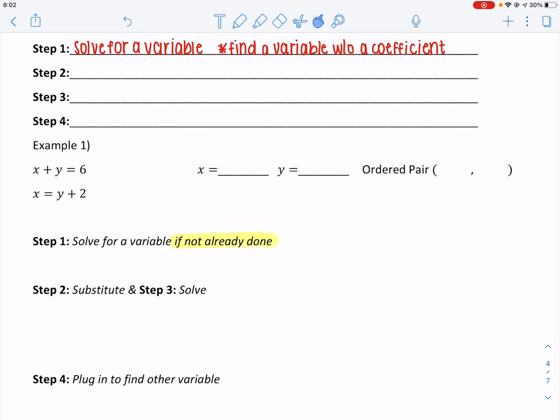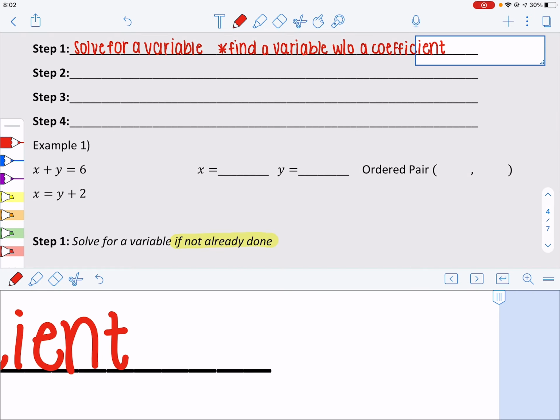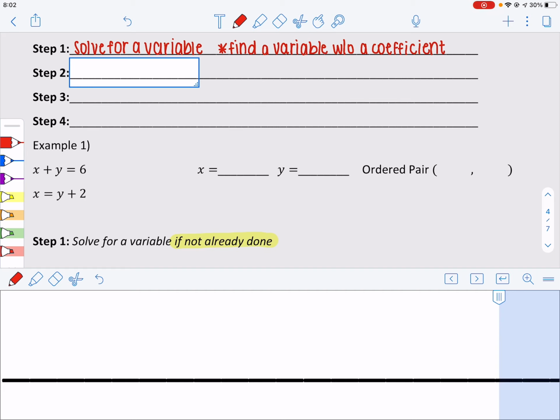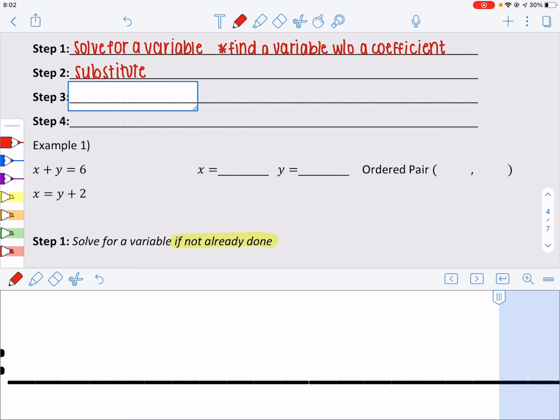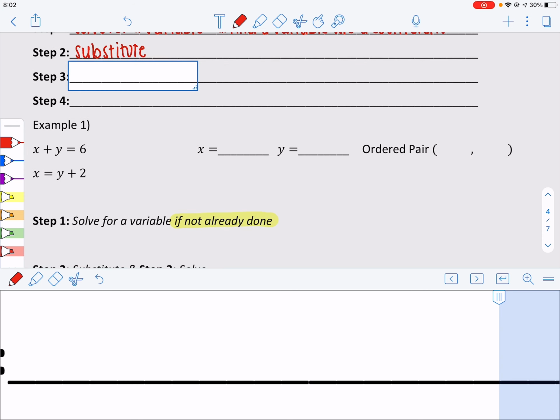Your second step is to substitute. You're going to take the equation that you just solved for a variable, and you're going to substitute it into the second equation. Your third step is to solve that equation that you just substituted in.